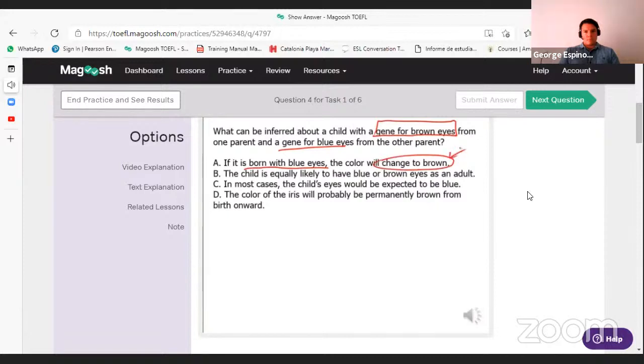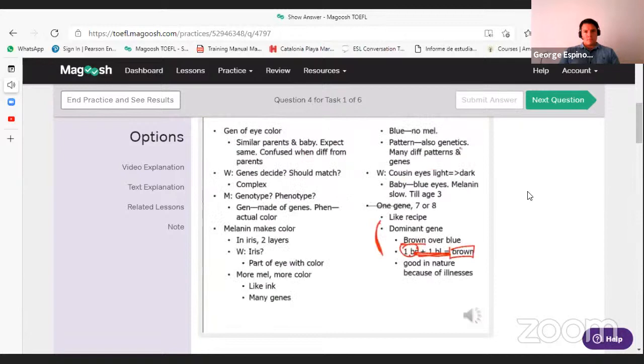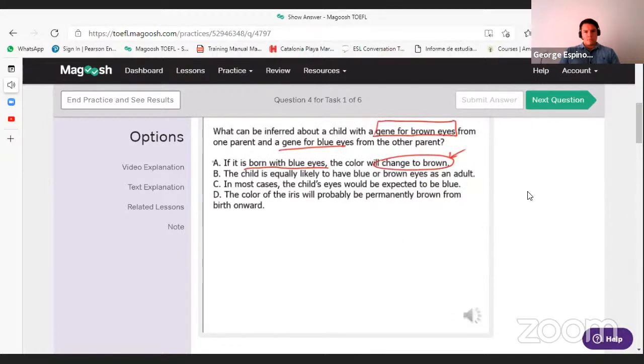And that we can actually infer if we combine this other idea that eye color can change because melanin production is slow. And eventually, in 3 years maybe, the child will have their genetic eye color. They will have the eye color that matches their genes after the melanin is produced. So if we combine these two parts of the lecture together, we can infer that A is correct.